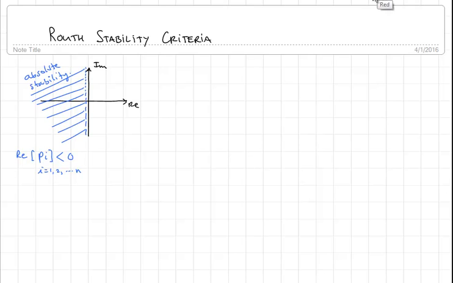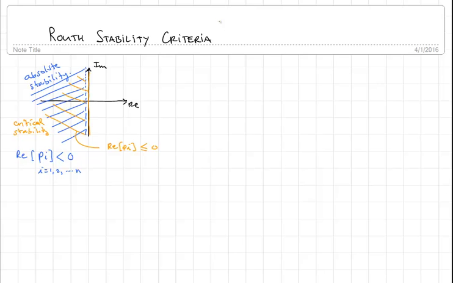Now we can also have what is known as critical stability. Critical stability includes the j omega axis. So critical stability, and here the real part of all poles is less than or equal to 0.